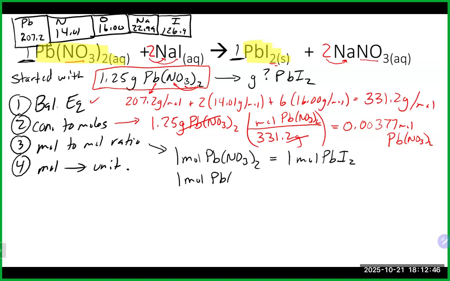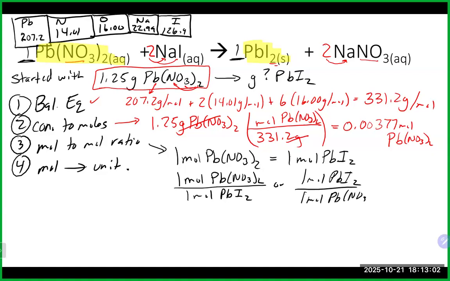1 mole of the lead(II) nitrate over 1 mole of the PbI2, or 1 mole of the PbI2 over the 1 mole of the lead(II) nitrate. So continuing on with our number here, and again, I didn't round too much there, so we're going to go with 0.00377 moles of Pb(NO3)2.